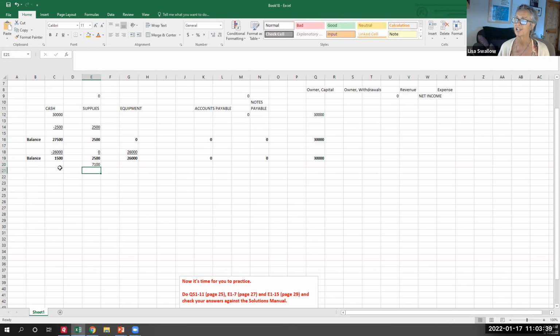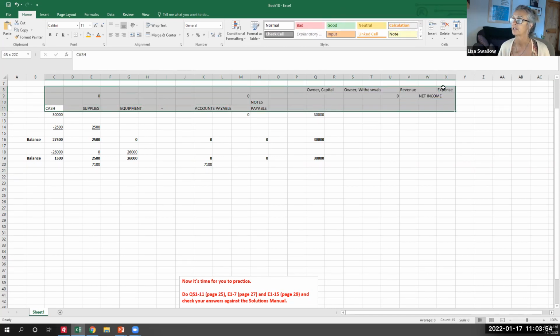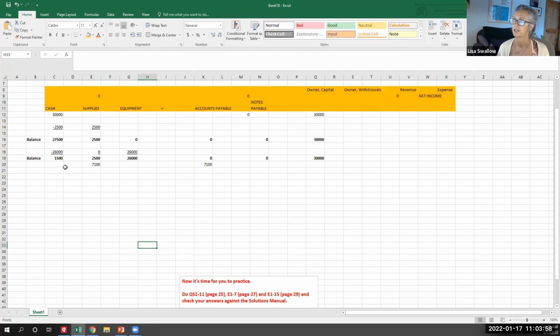But I didn't pay cash this time. I have to go over here and increase my liabilities. And I think I'll put an equal sign here so you can see we've got to keep, these are my assets, these are my liabilities. I've got to keep all of this in balance.